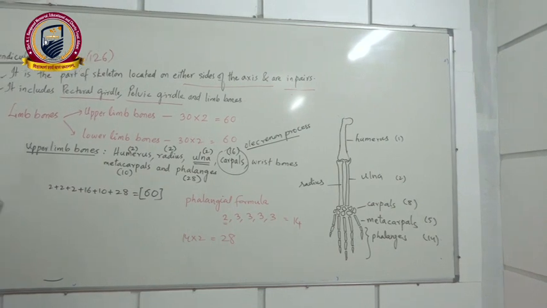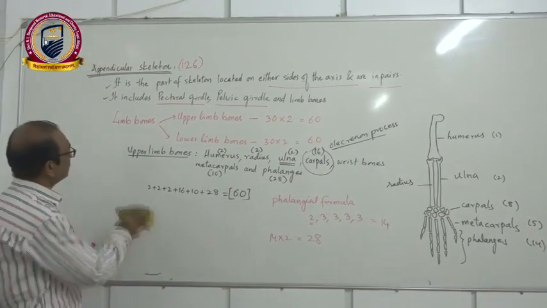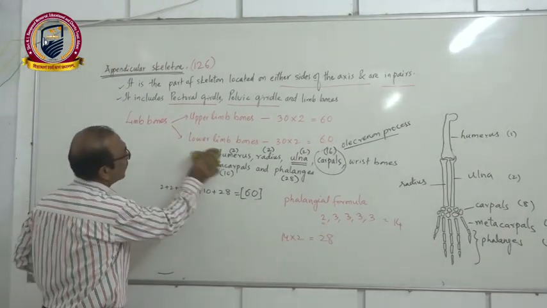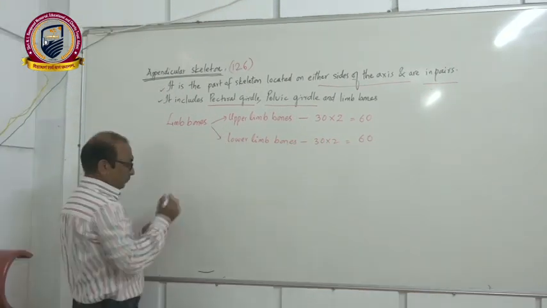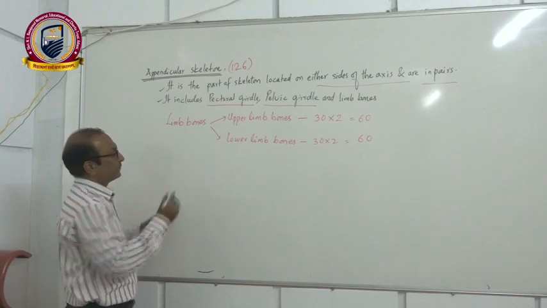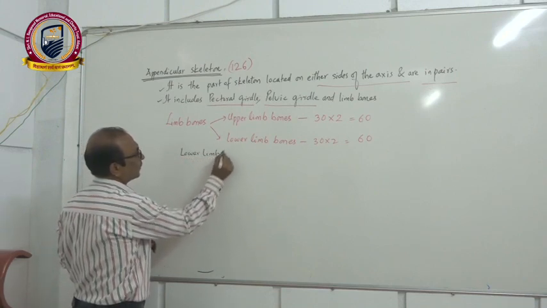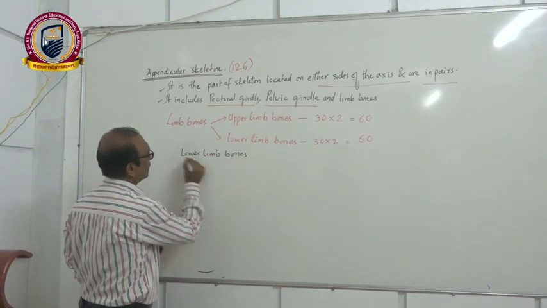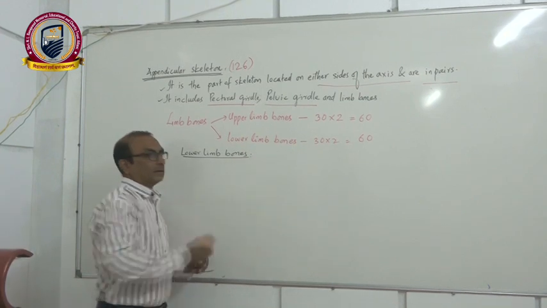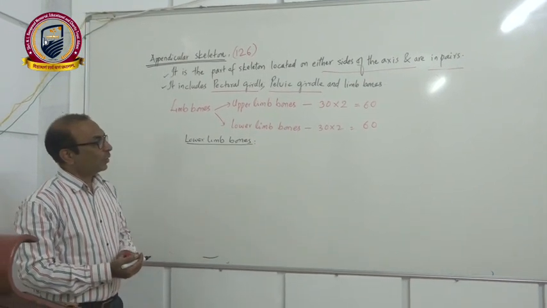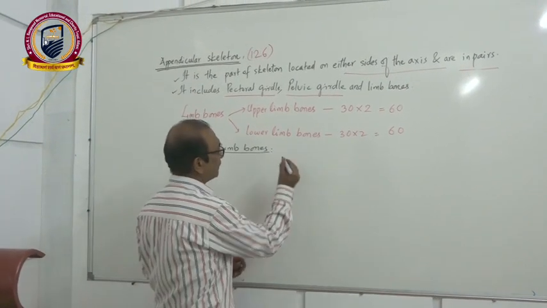Now let us take up the lower limb bones. Lower limb is nothing but the leg. There again, in one leg or one lower limb there are 30 bones. What are these? Let us see.